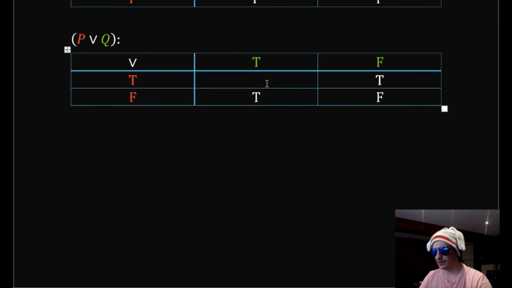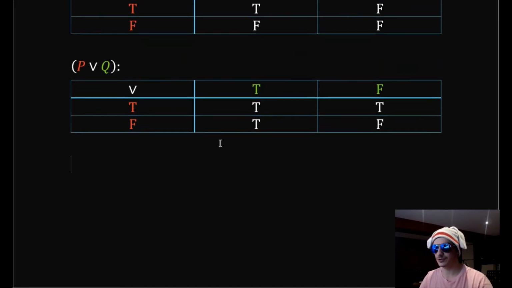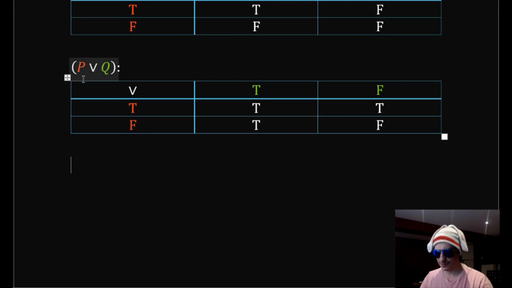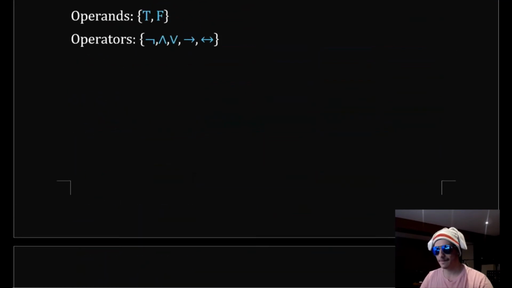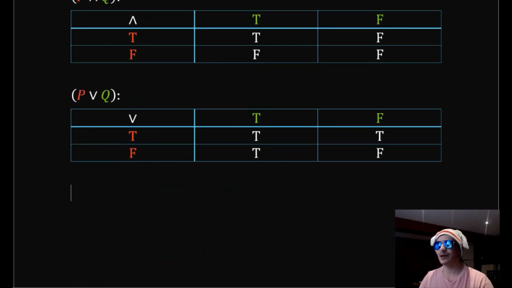And if you're used to the normal usage of or, like either or, you can either have this or that, you might think that the or is exclusive. So true or true is false. But this or in math is actually inclusive. So true or true is true. If we preface this by saying either, then it would be different. But we have a different symbol for that, which I will show.